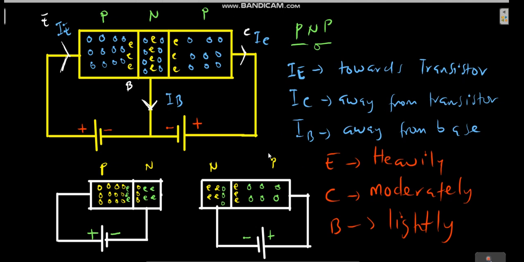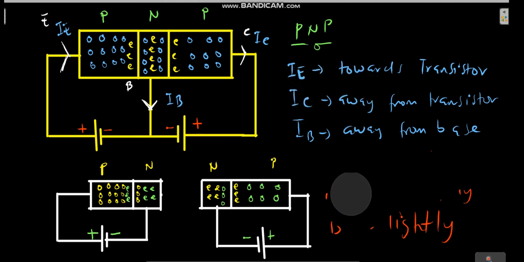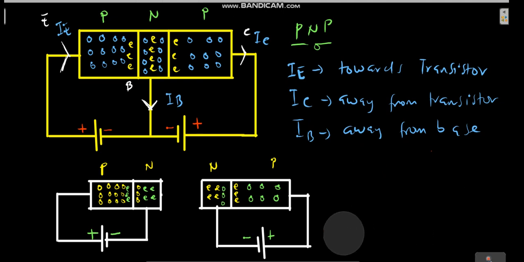Now that we know this, let's look at the equation that relates the currents in the transistor. You have the current in the emitter to be IE, the current in the collector to be IC, and the current in the base to be IB.